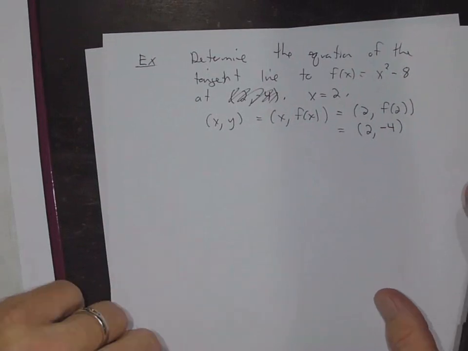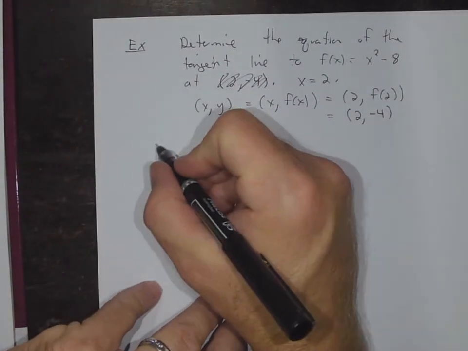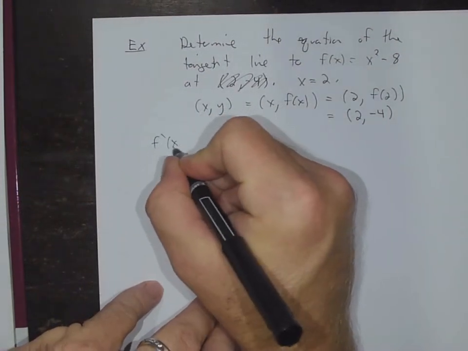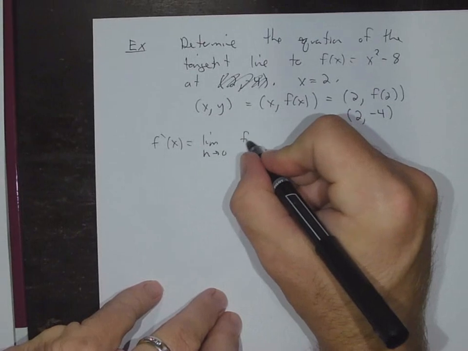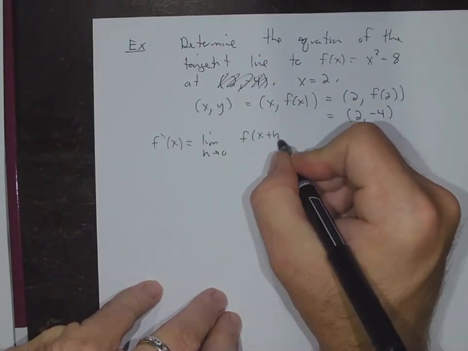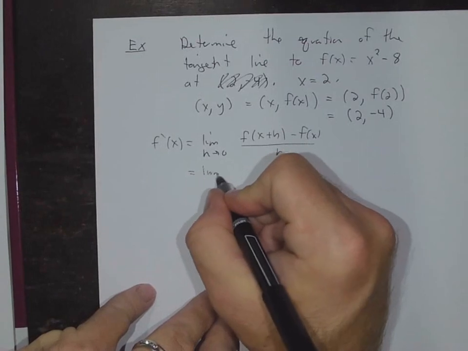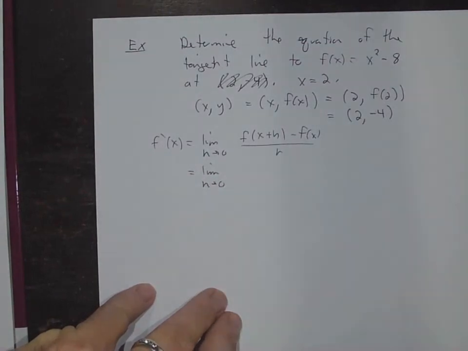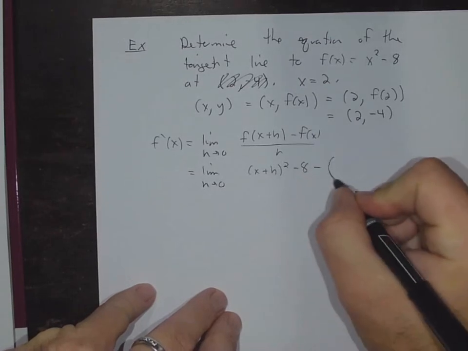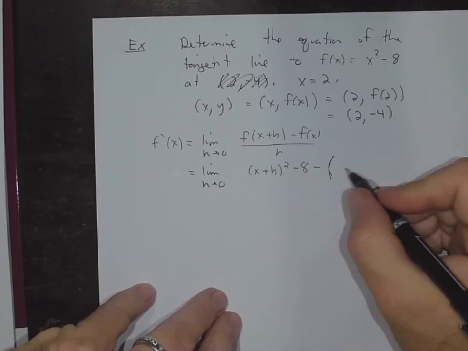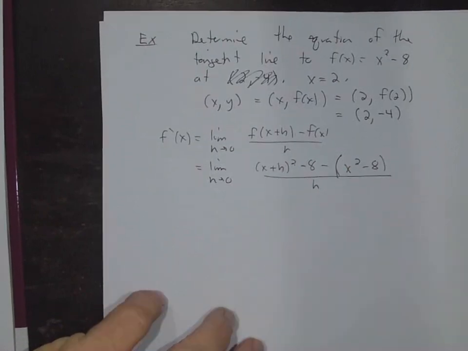All right, so in order to find the slope, what I need is the derivative at 2. So first let's find f prime of x. Well, f prime of x is equal to the limit as h goes to 0 of f of x plus h minus f of x all over h. So this is going to be the limit as h goes to 0 of x plus h squared minus 8, minus this binomial. Don't forget these parentheses here. x squared minus 8 all over h.